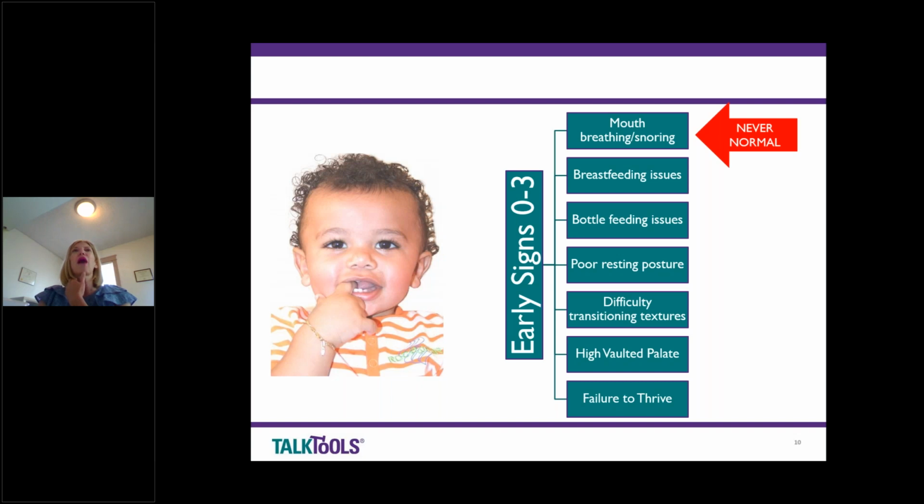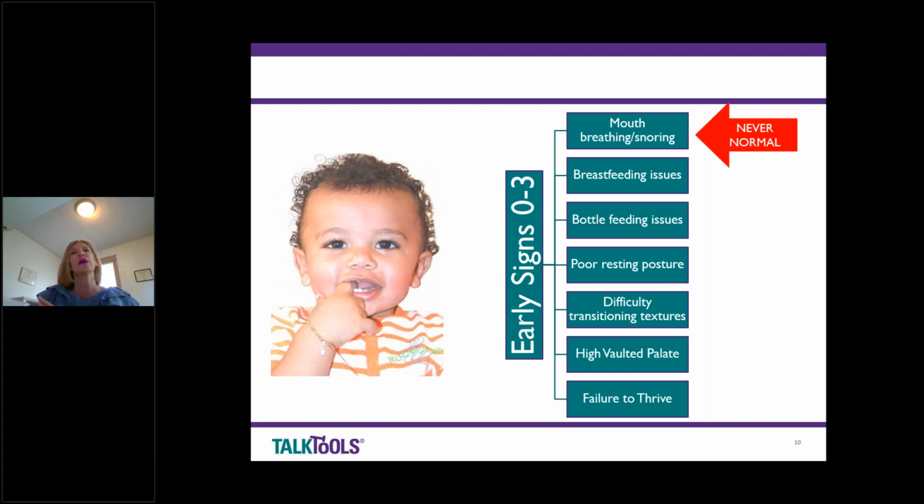Babies should not have a wide open mouth, and they especially shouldn't have the tongue hanging outside the mouth. Another sign and symptom of possible airway, sleeping issues, low tone, all which manifest into an orofacial myofunctional disorder.